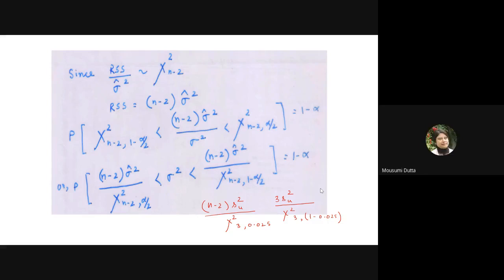So if we take 90%, it will be 0.05. This will be that.